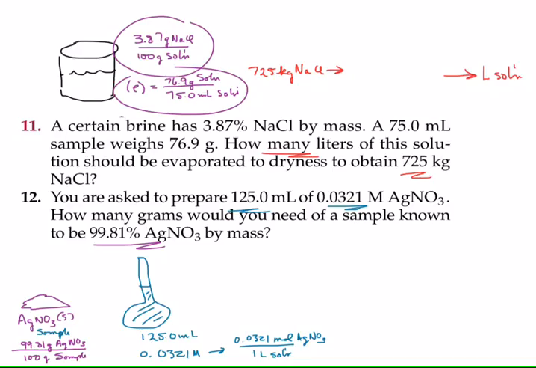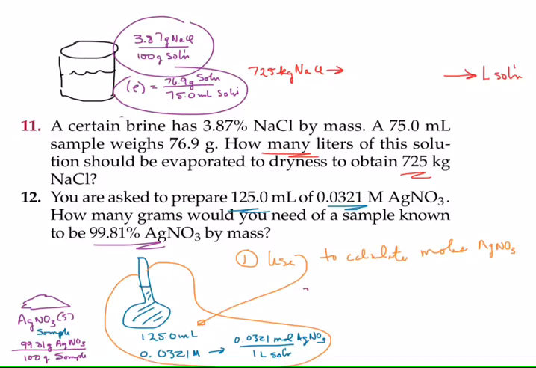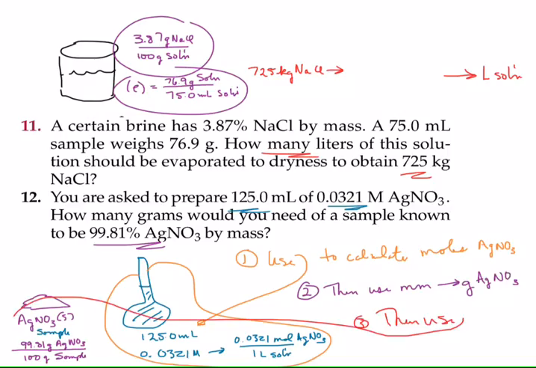So I kind of have the hints down there. Some of these you kind of backtrack. In this case, my hint was to take your target volume and your target molarity to backtrack to the amount of the AgNO3 that you needed.